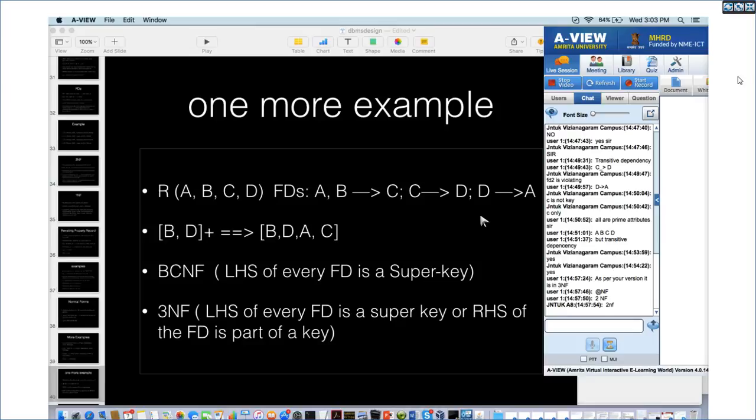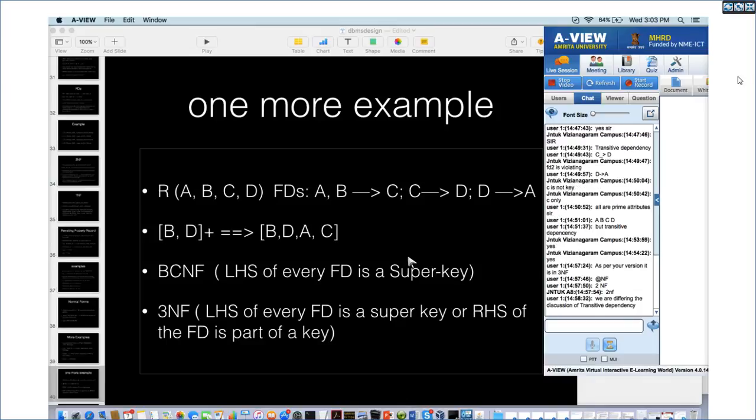JNTU K8 also says it is in 2NF. Now, what is the 2NF requirement? What is the 3NF requirement? The 3NF requirement is that every FD has to be... We're deferring the discussion on the transitive dependency, and we'll come back to that.